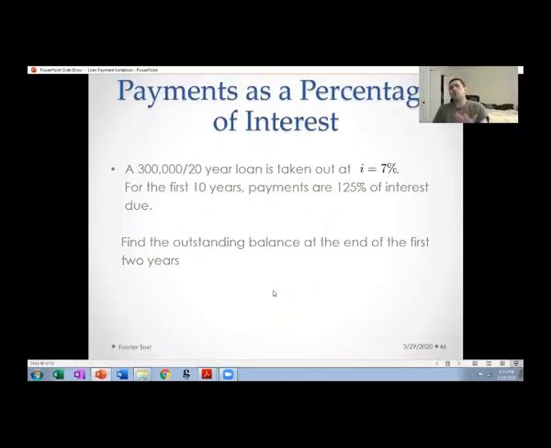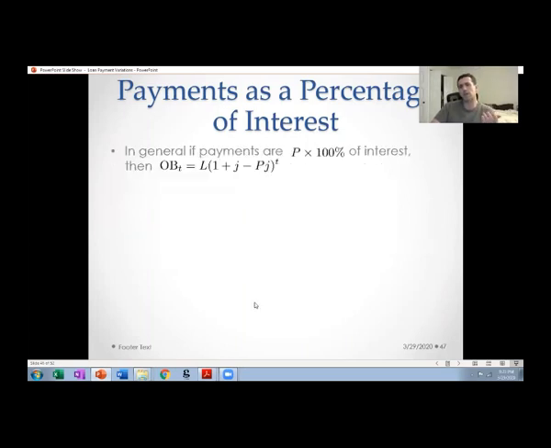Well, this is really awkward to do, particularly if you're asked to find the outstanding balance, let's say at the end of the 9th year, something like that. And oddly enough, again, in the book, there's no formula for the outstanding balance. But you can come up with a formula.